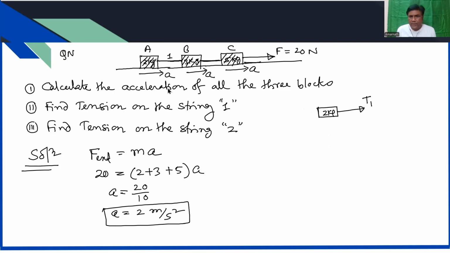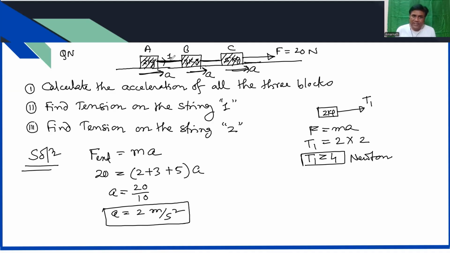So only a rightward force is there. Again you apply force equal to ma, but this time force is only T1, mass is 2, and I have already shown that the acceleration of all three must be the same, that is 2. So the tension on the thread is 4. Remember, this thread is pulling the 2 kg with 4 Newton only.